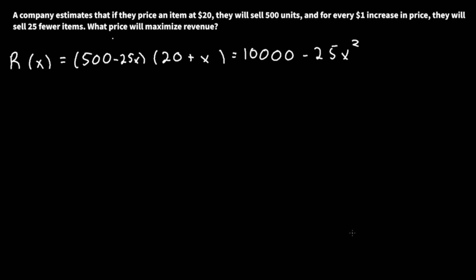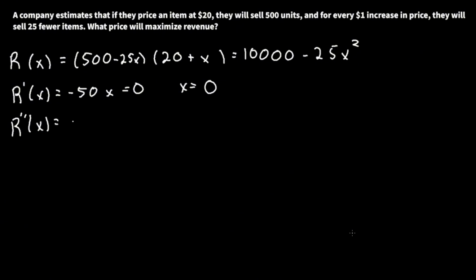But okay, let's go ahead and take the derivative of revenue. The derivative of 10,000 is just 0, and the derivative of negative 25x squared is negative 50x. So the only time when the first derivative is equal to 0 is when x is also equal to 0. Therefore, if we use the second derivative test, we have a second derivative of negative 50.